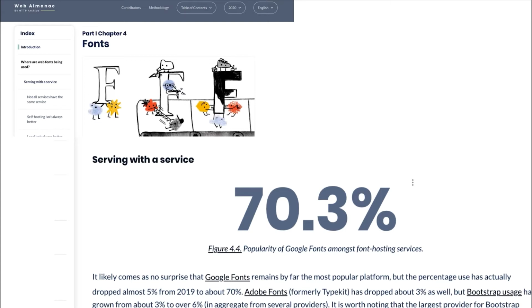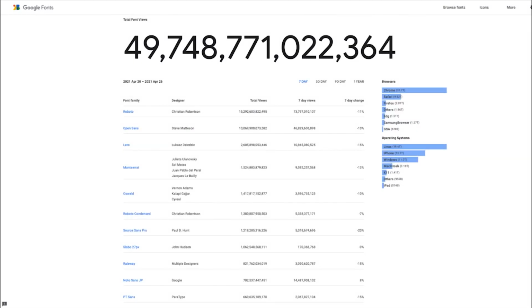According to Web Almanac, Google Fonts is still the most used platform to serve fonts. The popularity rate of Google Fonts among font hosting services is 70%, and from those websites using the API, this is the sum of the total views for the fonts in the catalog. 49 trillion is a number even difficult to grasp.